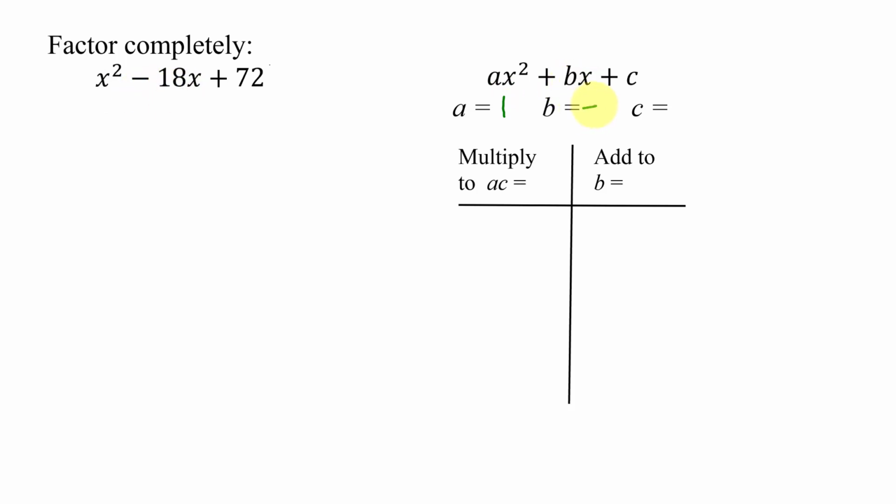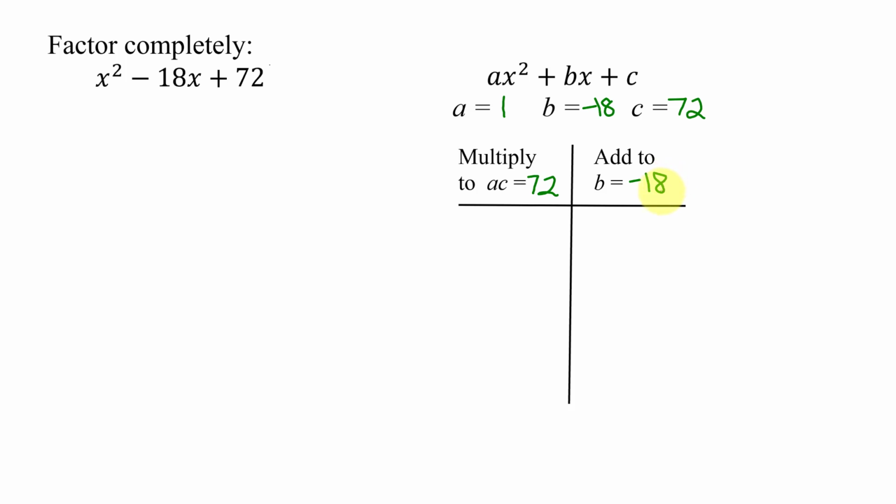It's negative 18. C is the constant term, 72. Then we multiply A times C. 1 times 72 is 72. So I need two numbers that multiply to AC, or 72, and add to B, which is negative 18.